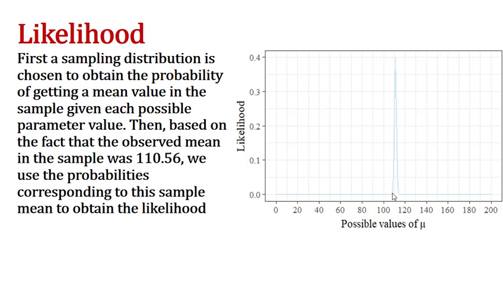So only at 100 and let's say 107, 108, there are some values above 0. So basically, to obtain a mean of 110.56, that has to come from a population in which the mean is in this range.